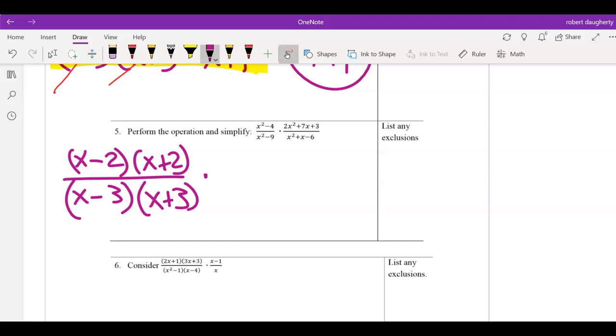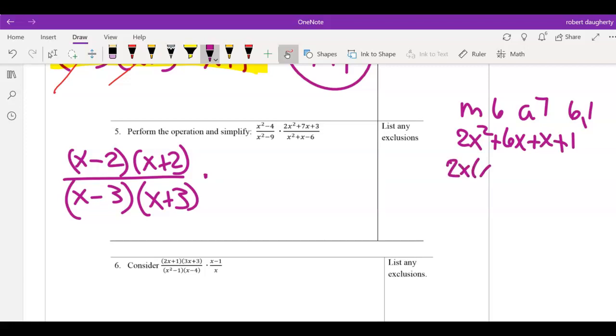So I've got a factor. Are there two numbers that multiply to give me 6 and add to give me 7? That's a 6 and a 1. So this is going to be 2x squared plus 6x plus x plus 1. Factor by grouping, you get 2x, x plus... so it's 2x squared plus 7x plus, I made a mistake, sorry.